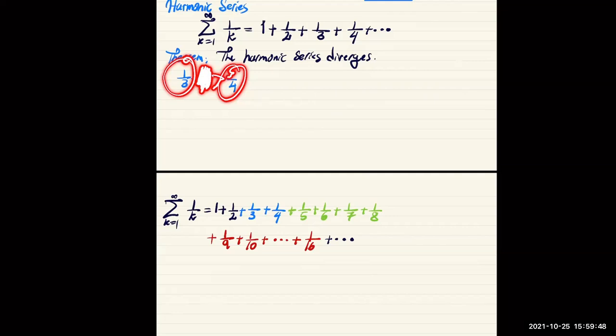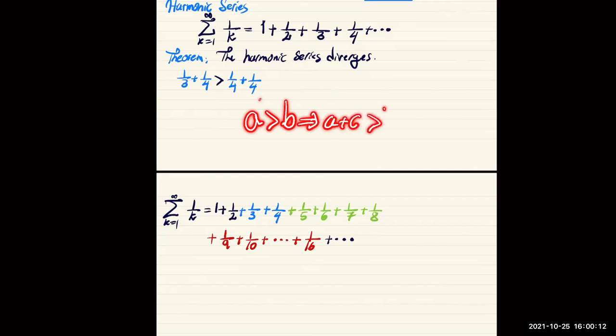So if I add a 1/4 to both sides, the inequality is still true. 1/3 plus 1/4 is more than 1/4 plus 1/4. Just think about that for a second. If A is more than B, that implies A plus C is more than B plus C. Adding the same number to both sides of an inequality still holds true.